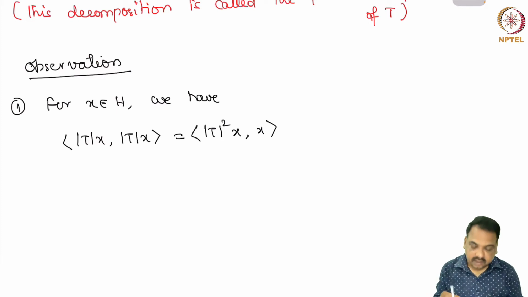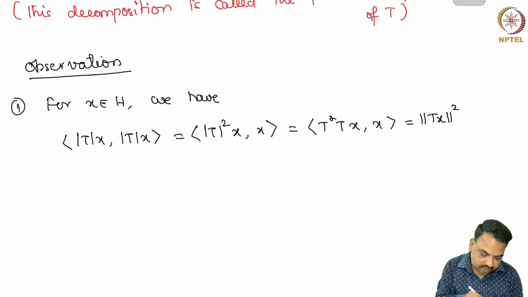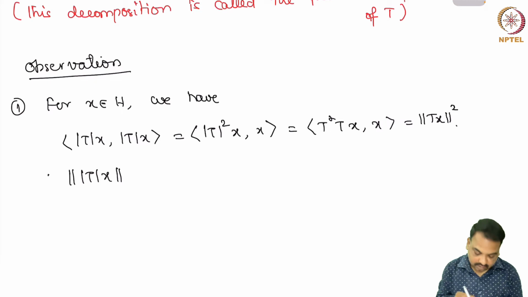But |T|² is the square of the square root of T*T. So |T|² is T*T, inner product of x with x. This is norm of Tx squared. Okay. So that means we can say that norm of |T|x squared is nothing but norm Tx squared.